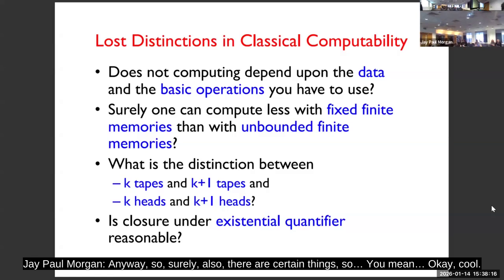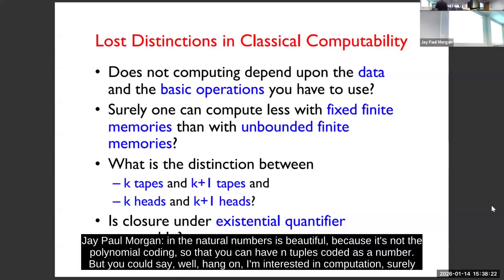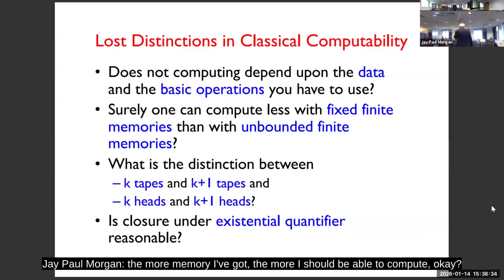Anyway, so surely there are also certain things. Obviously coding in the natural numbers is beautiful because of polynomial coding, so that you can have n-tuples coded as a number. But you could say, well, hang on, I'm interested in computation. Surely the more memory I've got, the more I should be able to compute.